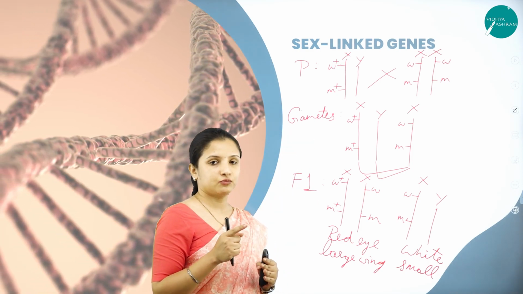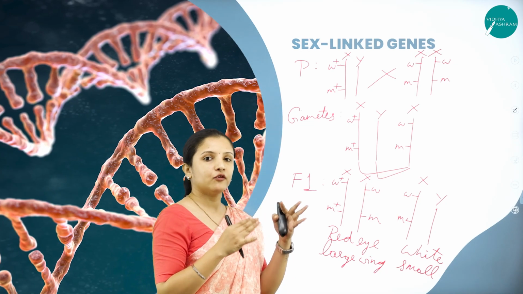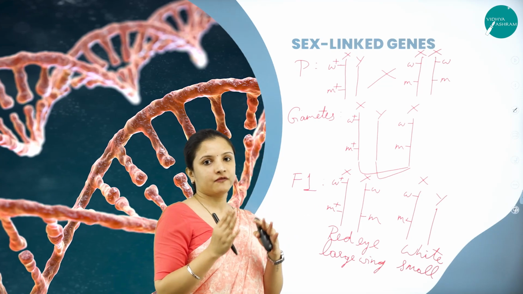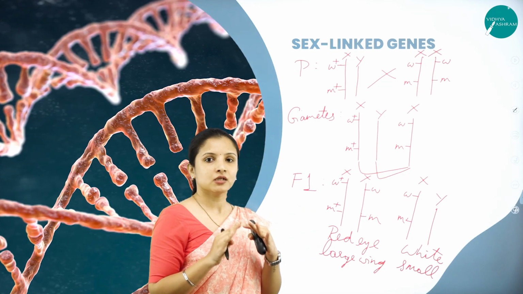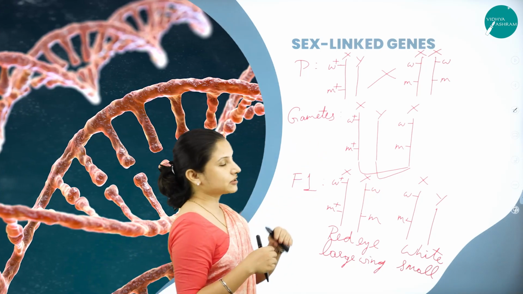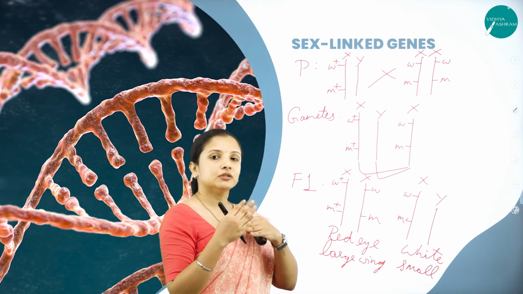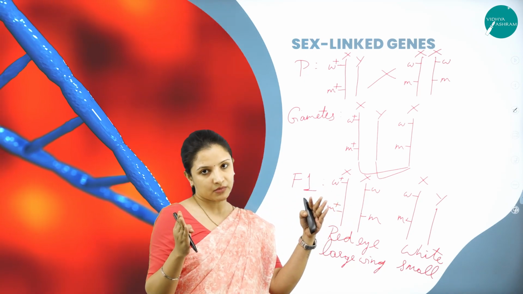So again, it is just similar to the first experiment. The only difference was that the genes on the chromosomes were placed close to each other. Therefore, they were carried as such from the parent to the progeny, but only 1.3% of recombination was seen in the progeny. But in this experiment, Morgan selected chromosomes wherein the genes are placed far apart from each other.